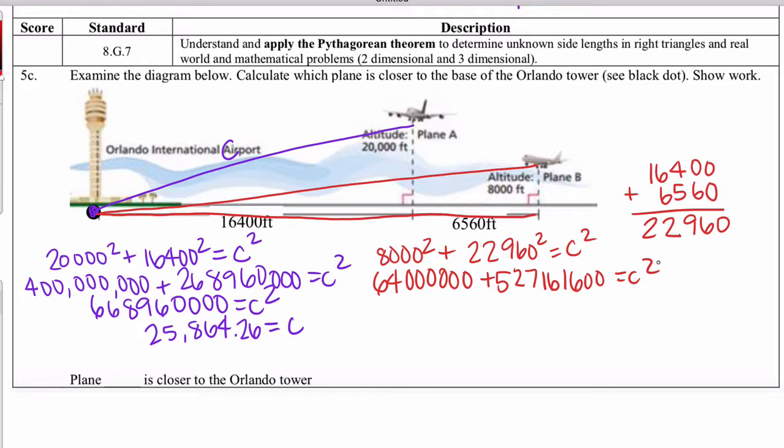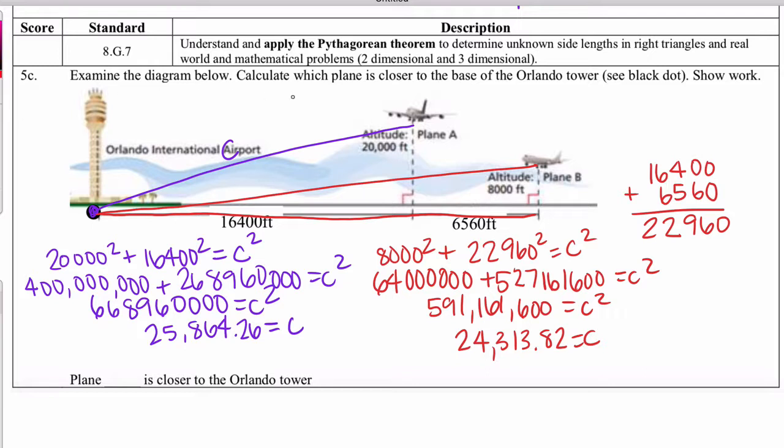And then I'll press plus so that I hold that number in my calculator. 64 million. And I get 591,161,600. And finally, take the square root. And I get 24,313.82 equals c.